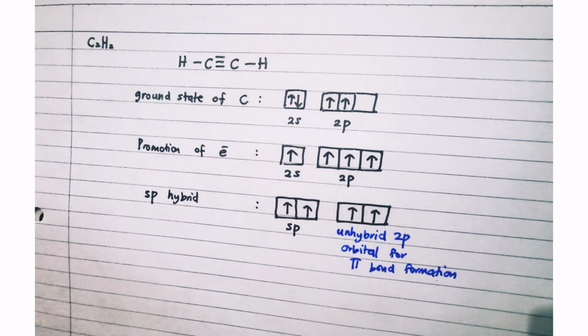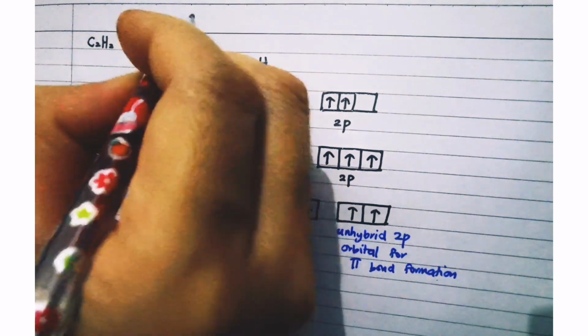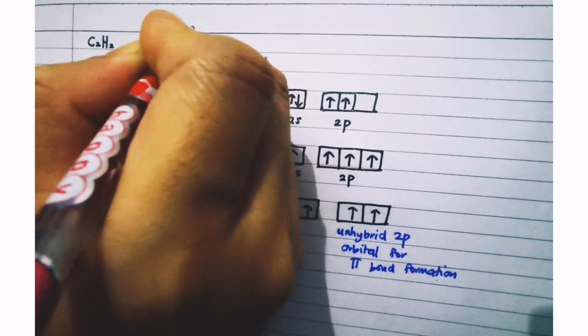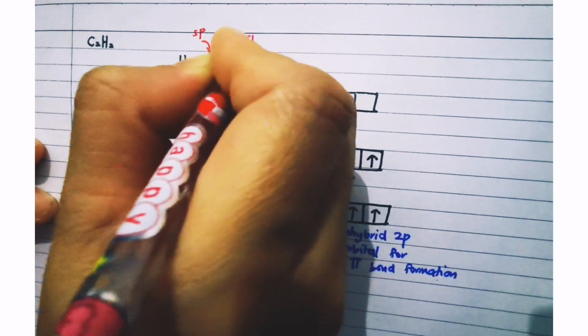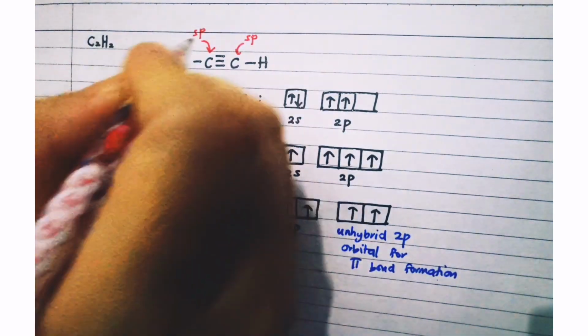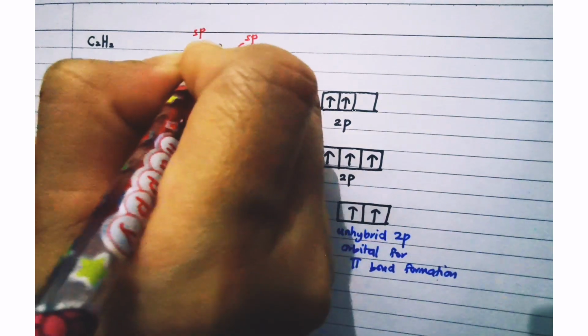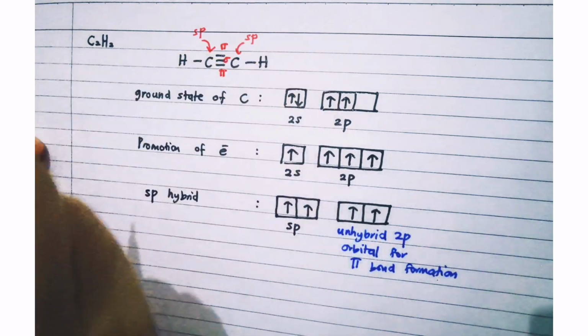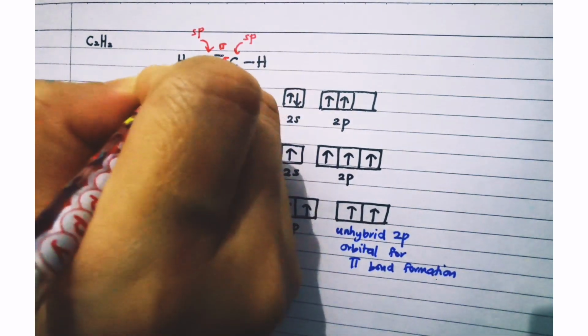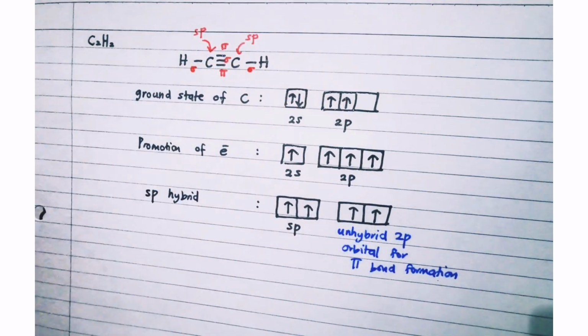From the Lewis structure, we already know that our carbon, the central atom, will have sp hybrid, and this one also has sp hybrid. And from this triple bond, we know that we have 2 pi bonds and 1 sigma bond. And between C and H, we will have sigma bonds.